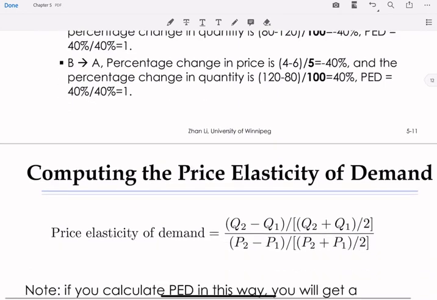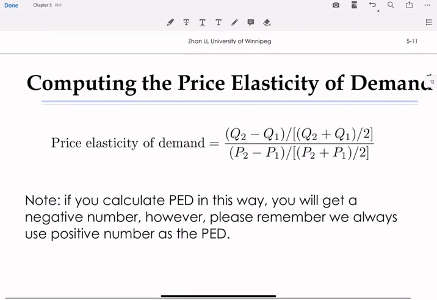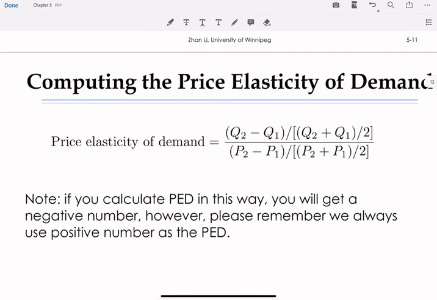Okay, let's summarize. So basically, in the middle point method, what changes are the denominators, right? When you're doing the calculation, in the denominator, in calculating both the percentage change in quantity and the percentage change in price, you will always want to use the middle point, where the middle point is defined by average.